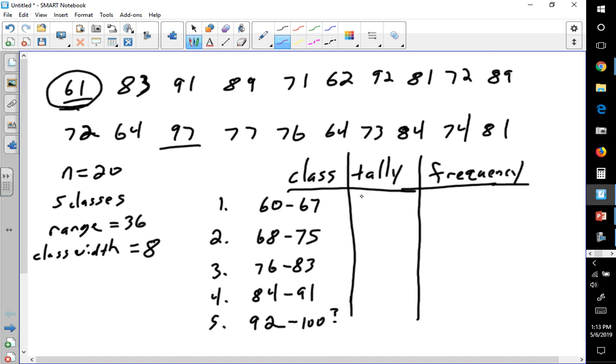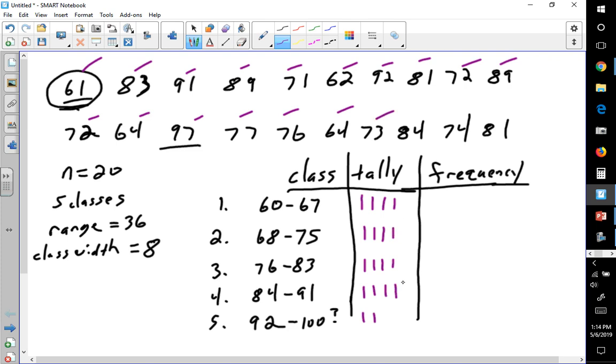So 61 falls in the first category. 83 falls into this category. 91, 89, 71, 62, 92, 81, 72, 89, 72, 64, 97, 77, 76, 64, 73, 84, 74, 81.